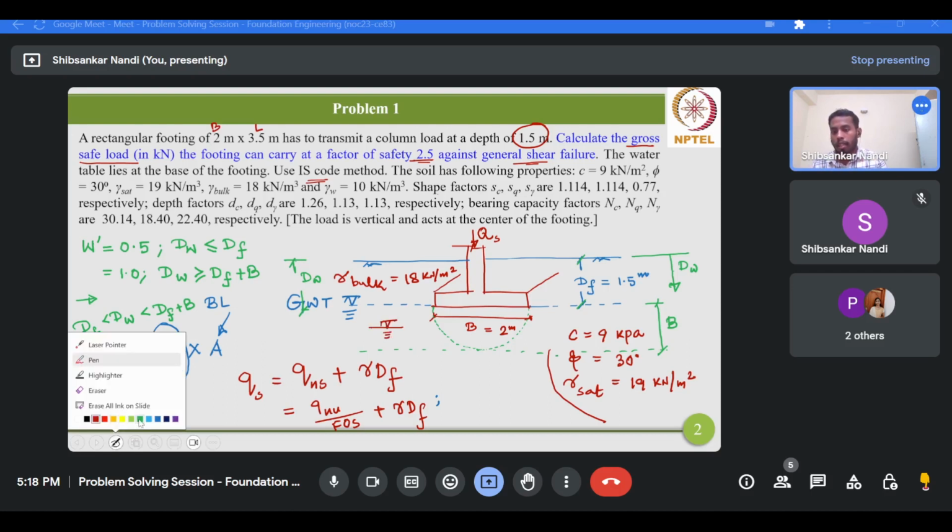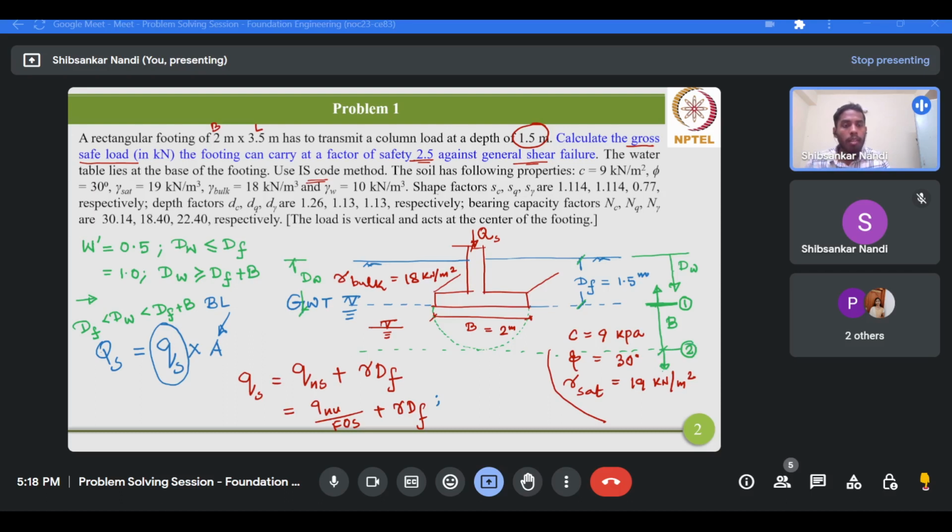So the first case, suppose it's in this location. The next scenario, scenario 2, is in this range.